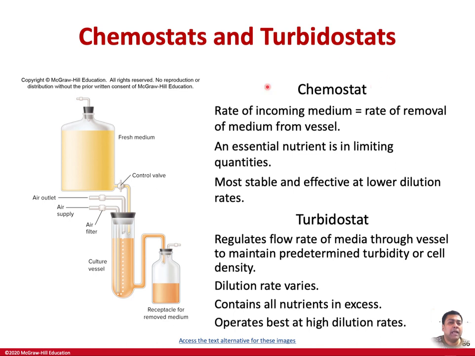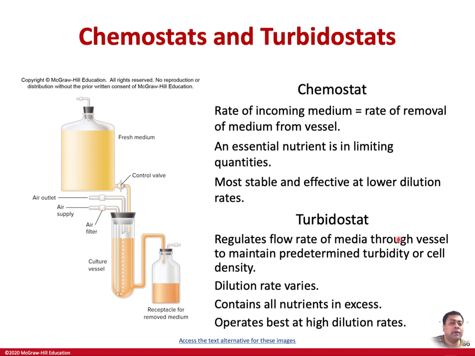Here we are looking at a chemostat: the rate of incoming medium and the rate of removal of medium from the vessel, with essential nutrients in limiting quantities. It is most stable and effective at lower dilution rates. You can see the fresh media, the media being removed, the control valve, air outlet, and air supply.